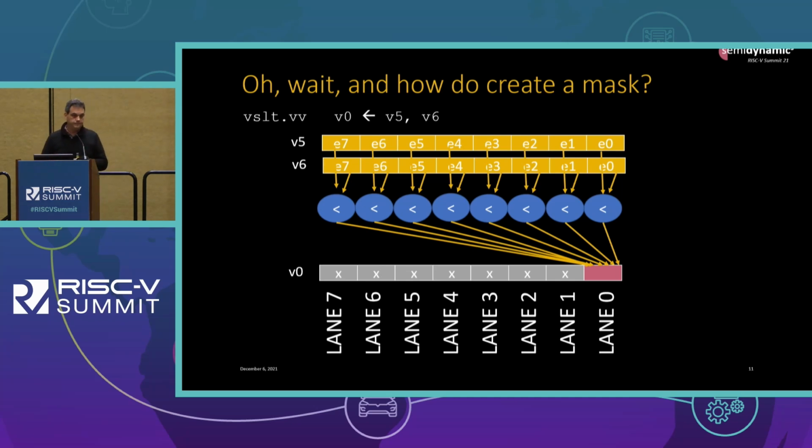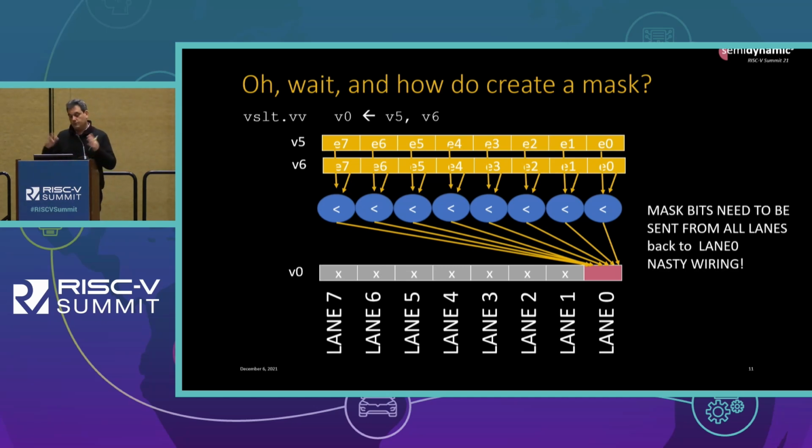And for those that like to nitpick, there's details here. If LMUL is bigger, in certain cases, it could go to lane 0 and lane 1 and maybe more, but good enough for the example, right? So basically, I'm just boring you with these wires to show you that there's a bunch of wires going from every lane to lane 0 for the masks, and from lane 0 to every lane for the mask again.